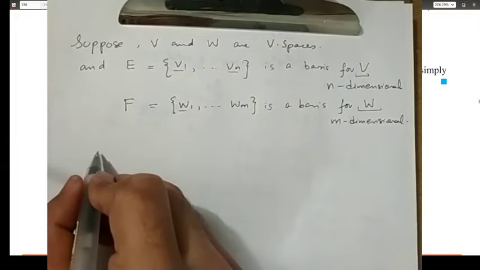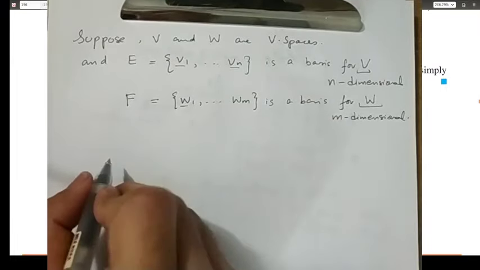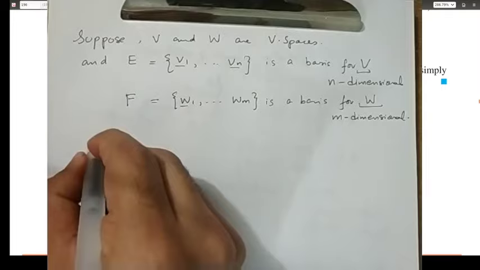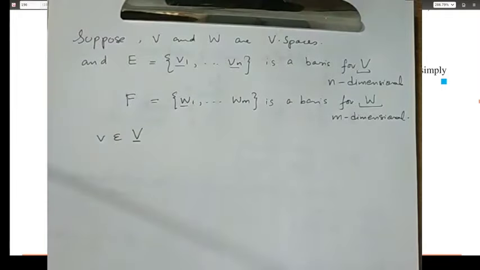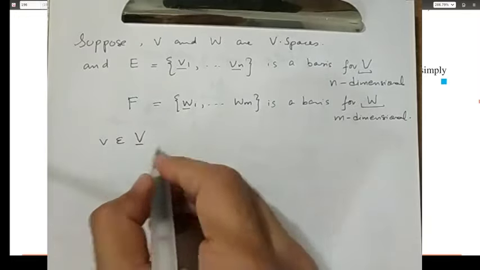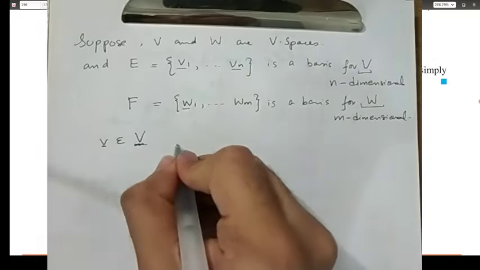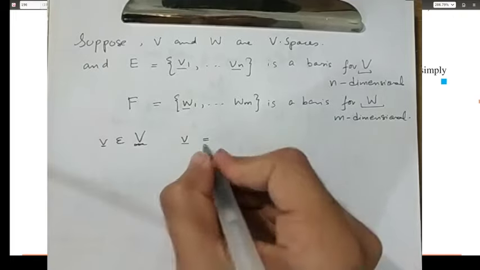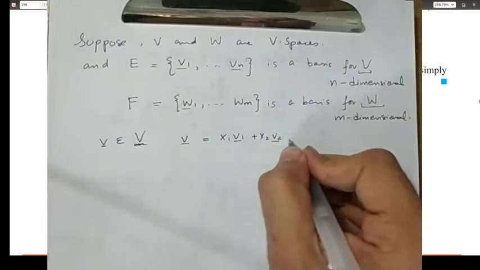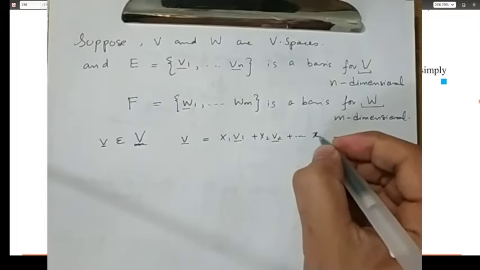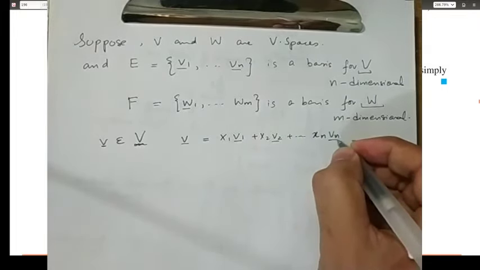Okay. And so first let's understand this. Let's suppose v is a vector in the vector space V, then v can be written as x1 v1 plus x2 v2 plus so on up to xn vn.